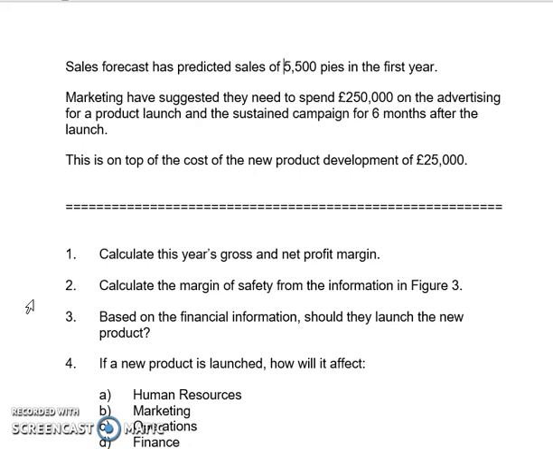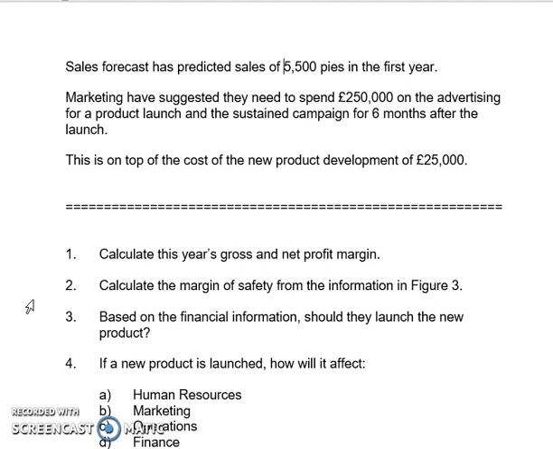Now, because this is part of the synoptic thing, what we then want you to do is, obviously the finance bit is done, you need to then think about human resources, marketing, and operations. This time I've printed off a sheet. It's double-sided. There's a box for each one of those 4 areas.